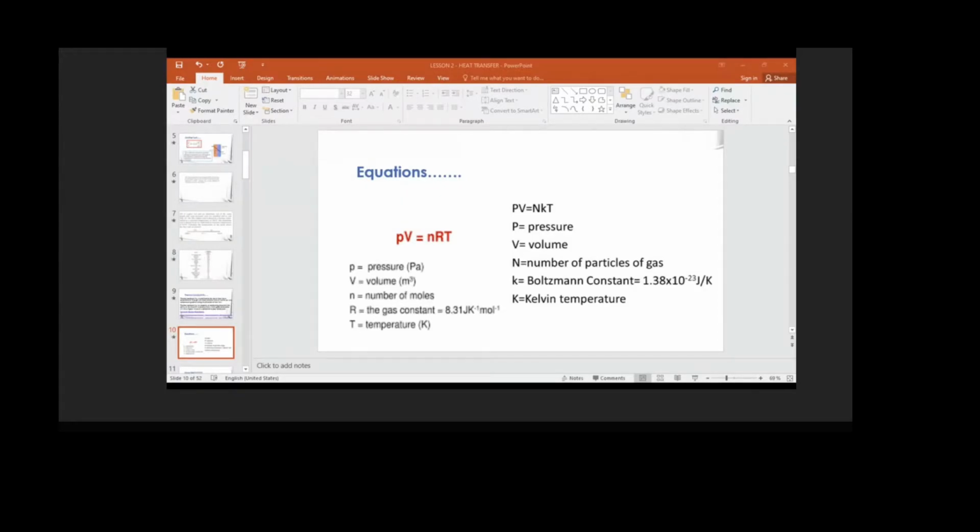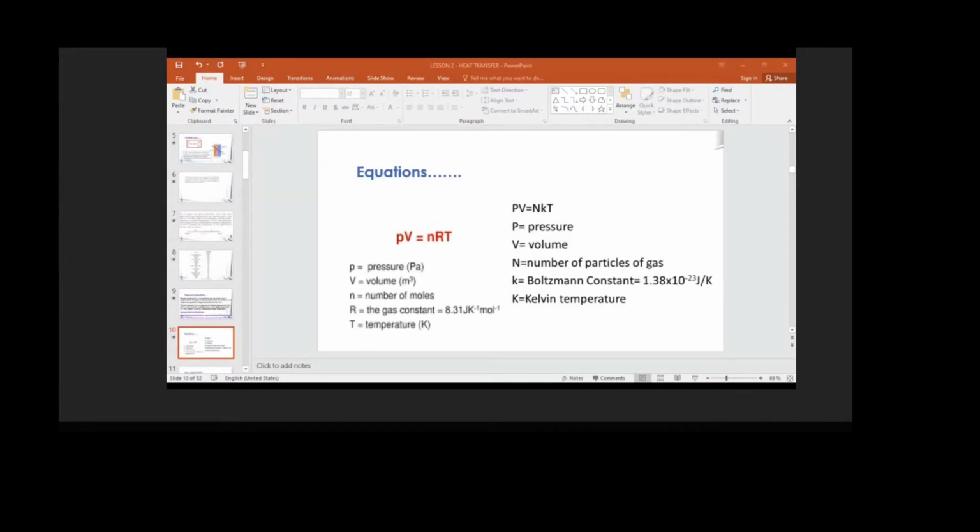Let's put it in a different term. If you have the mole of the gas, how can you find the number of particles that the gas has? You can equate it to 1 mole equals 6.02 times 10 to the 23 particles. Great.